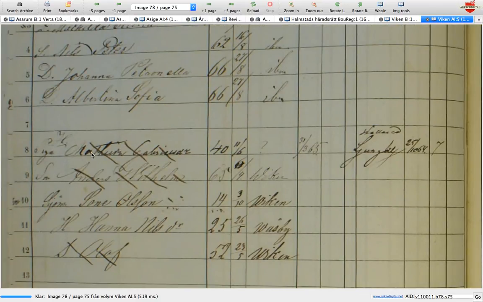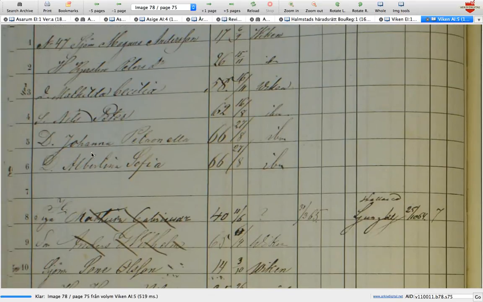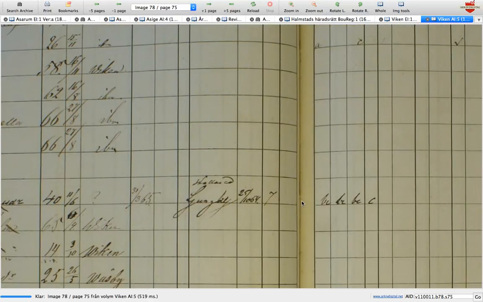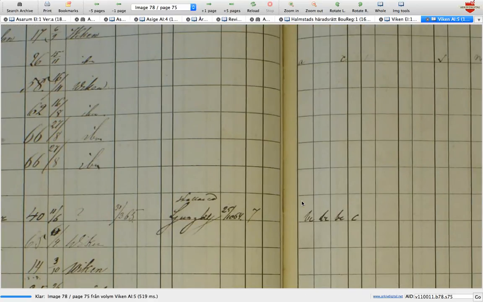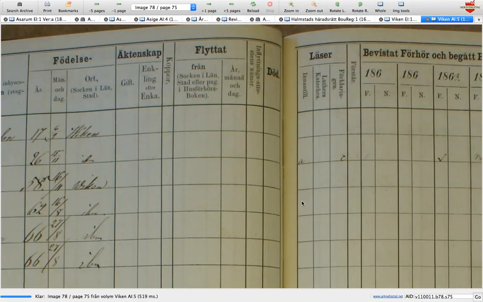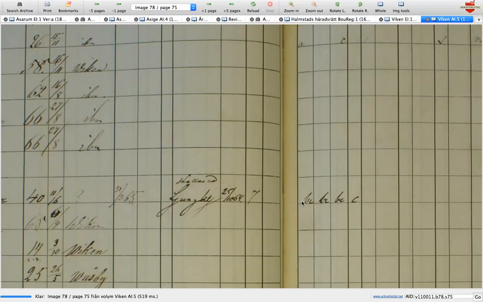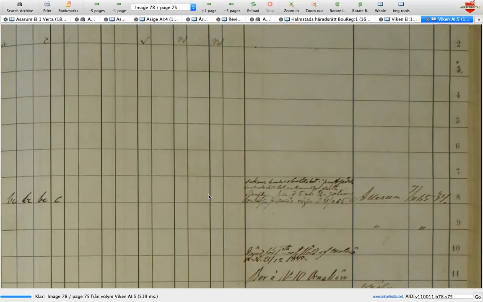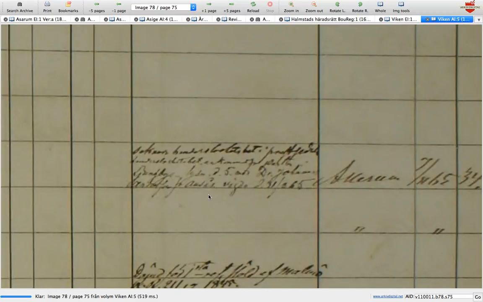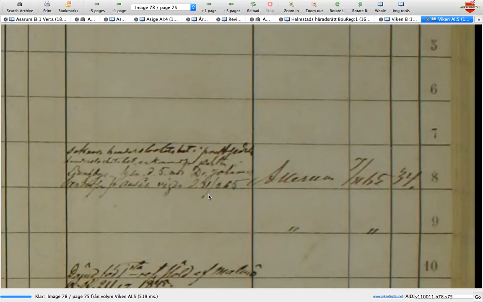She's working here, piga. So this is not her. And then she is moving to Jung something. She's moving from, this is when she moved in. And this is when she is moving out. Allerum.